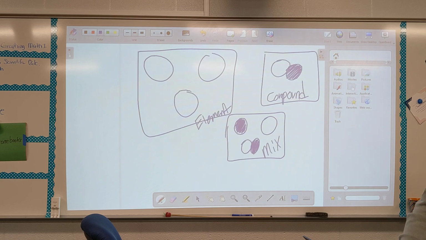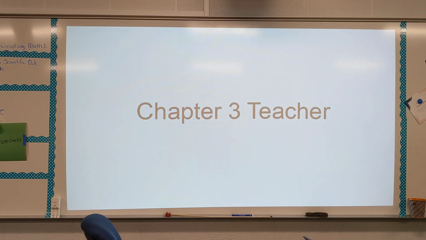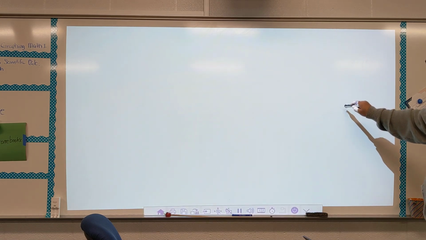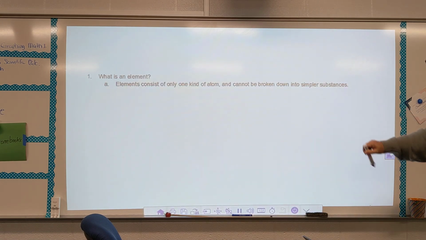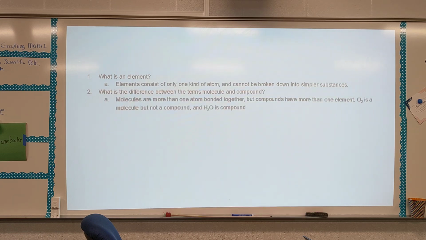All right, so now if I go back to the beginning. Elements consist of only one kind of atom and cannot be broken down into simpler things. From my perspective, this is kind of a pedantic question.